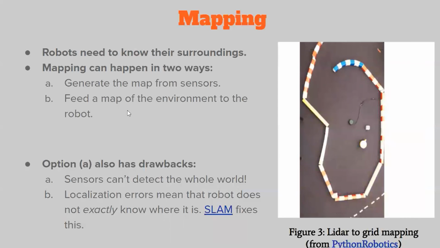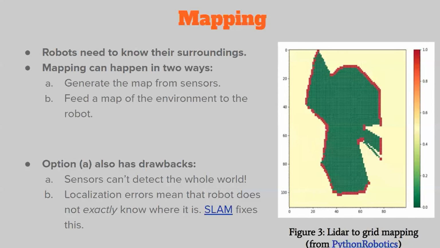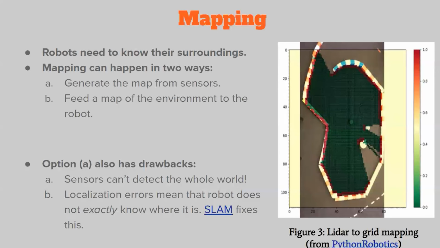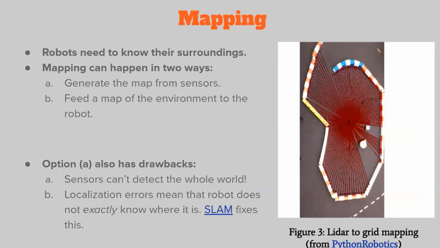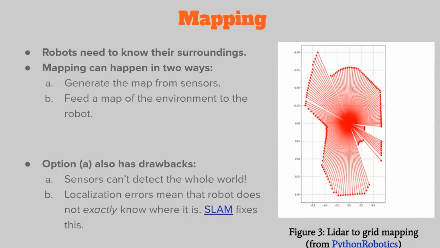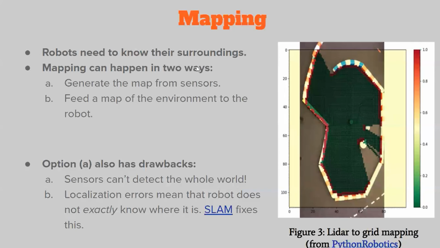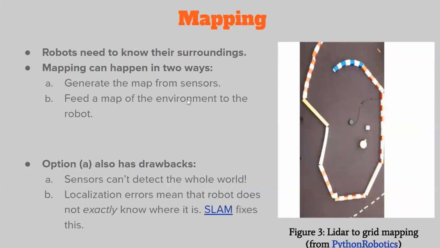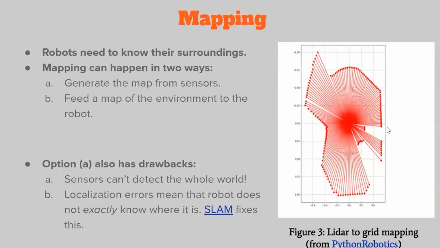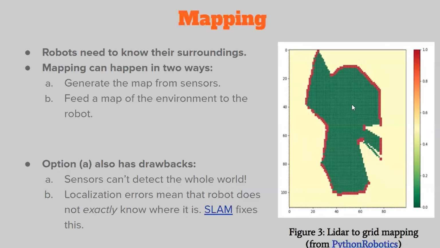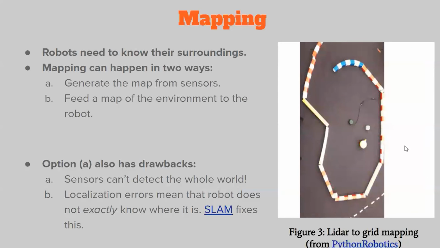That works well in static environments, but in real life scenarios, you won't have a static environment. You'll have a dynamic environment. Your environment will always be changing. So in that case, you have to use your sensors to constantly tell you, okay, these are where the obstacles are at this given time frame.